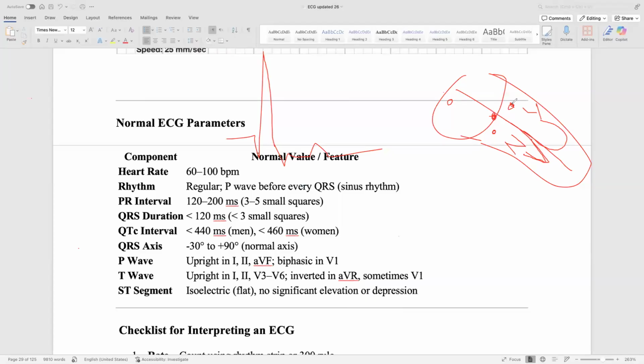So any cell, any muscle can become a generator. If there is damage to the bundle, any muscle can take the role. But at this time, the electricity velocity will be what? Will be what, anyone?